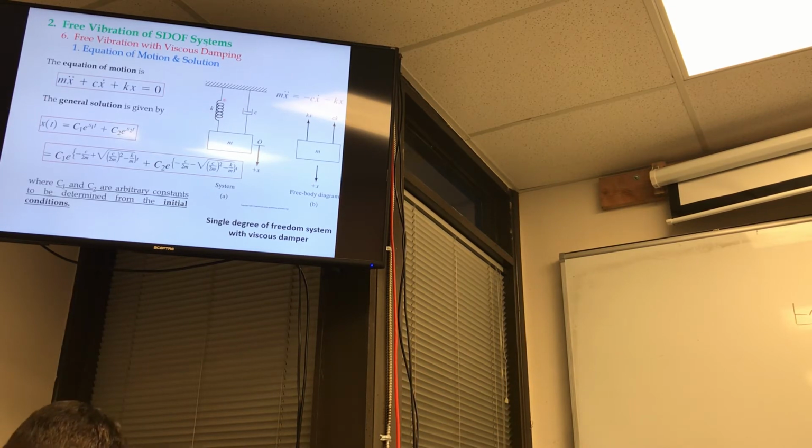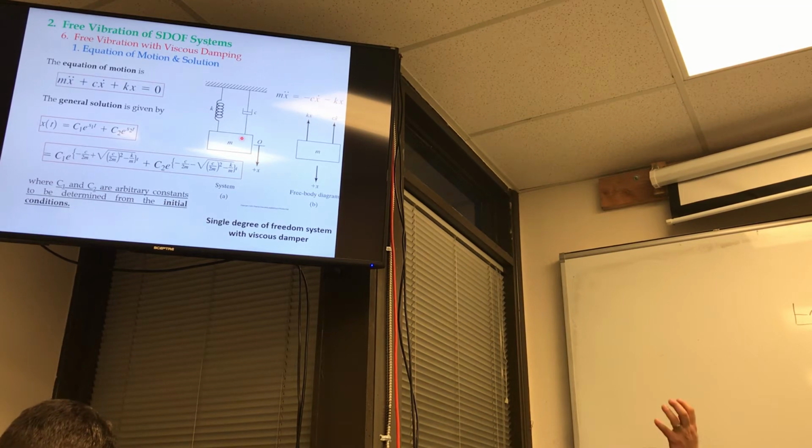Now let's look at this system. Before, we did it with just a k. Now we're adding this damper. What you need to remember about the damper is that the force developed by the damper is always proportional to the velocity. Because one end is fixed, this velocity is the velocity of the mass, so the force that develops in the damper is c times x dot, whereas the force in the spring is kx.